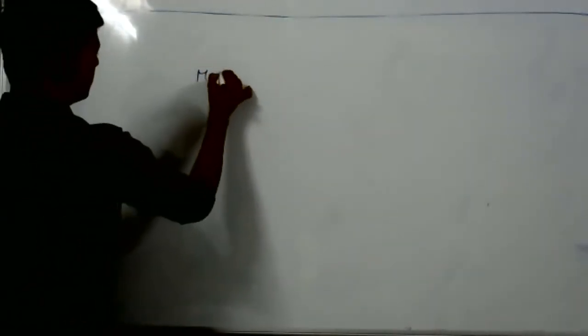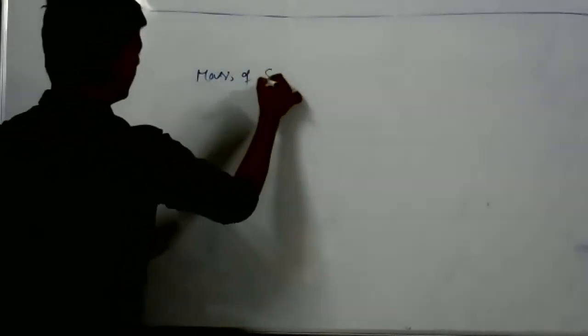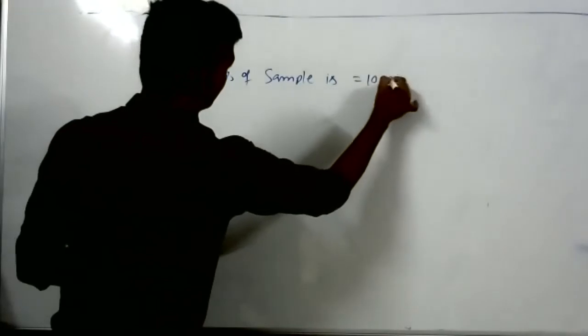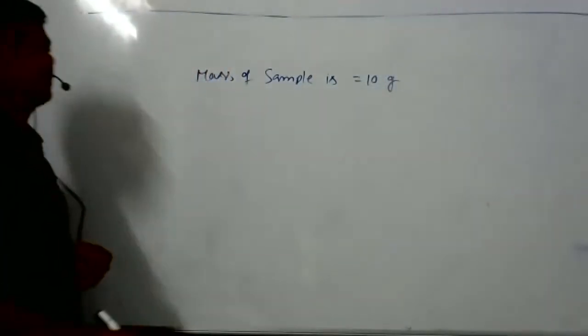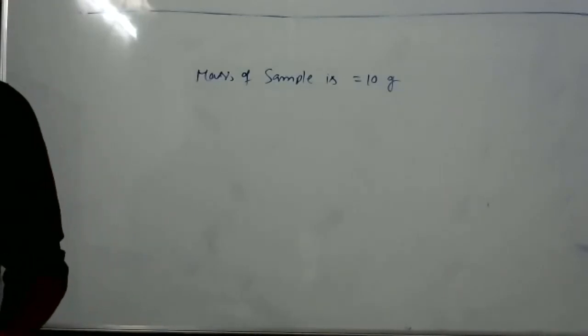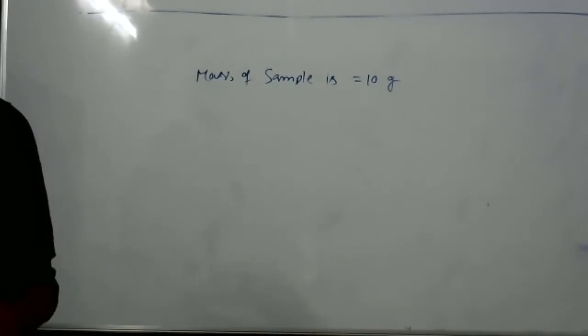Here the total mass of the sample is 10 grams, right? In this 10 grams, 45% is CaCO3, 40% is MgCO3, and 15% is clay.